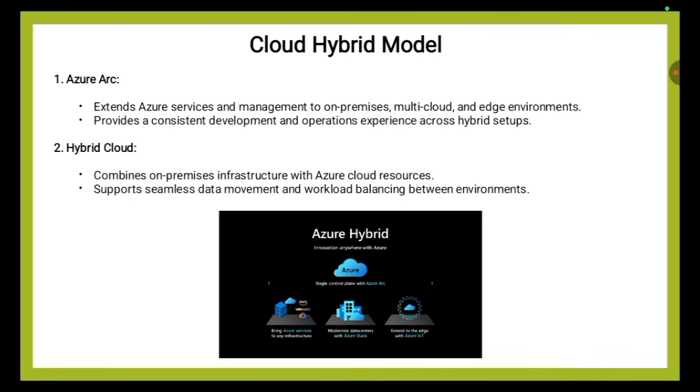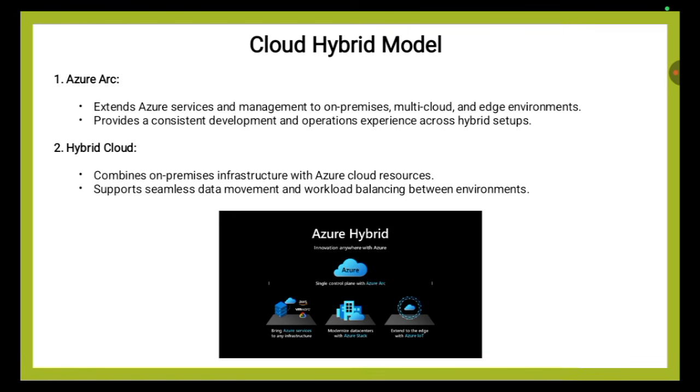This allows businesses to deploy, manage and secure applications consistently across various environments. The hybrid cloud model supports data movement and workload balancing between on-premises and cloud environments, enabling efficient resource utilization and better scalability.